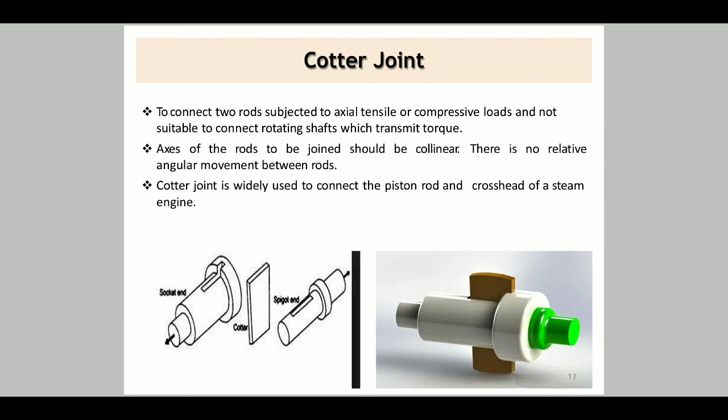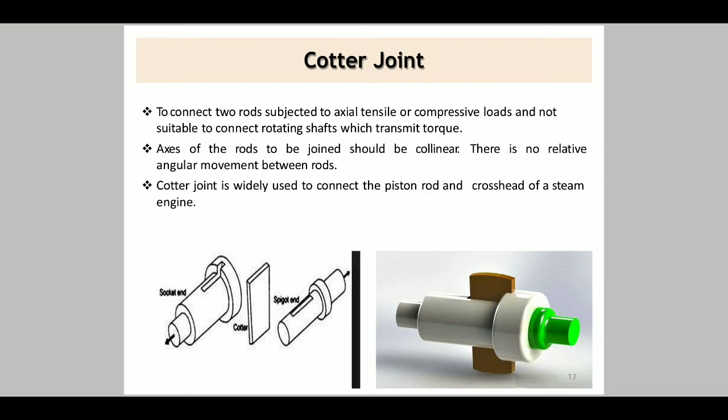Basically, the cotter joint is used to connect two rods subjected to axial tensile or compressive loads and is not suitable to connect a rotating shaft transmitting torque.